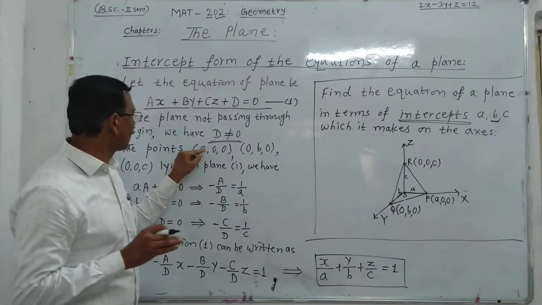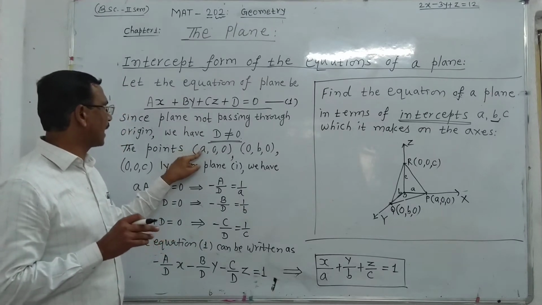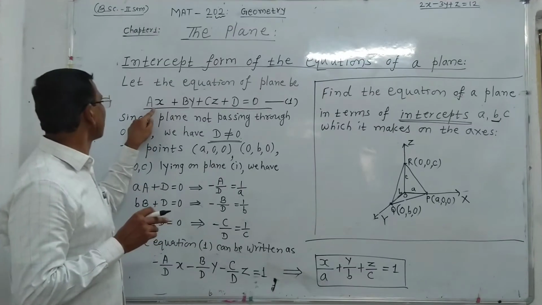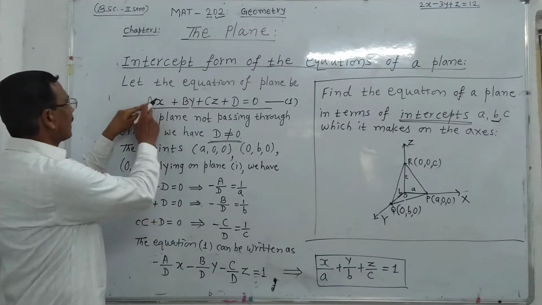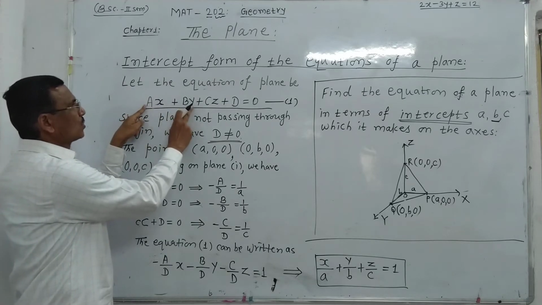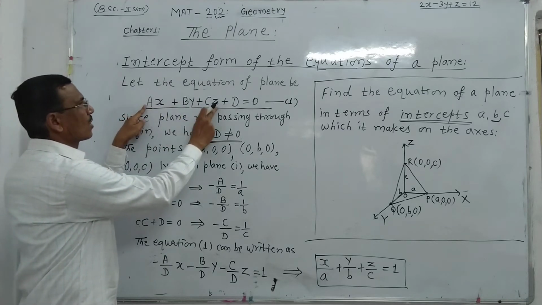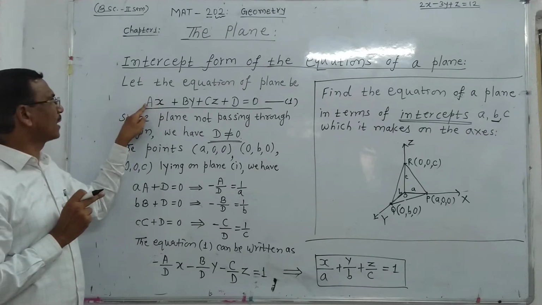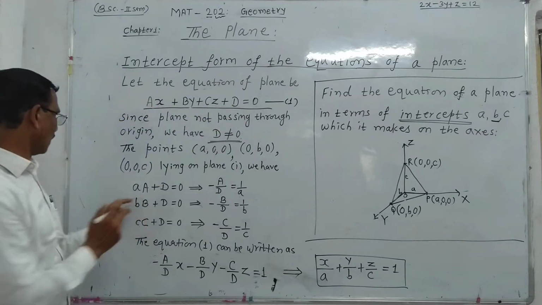Therefore putting x is a, y is 0 and z is 0 in equation 1, we get capital A into small a plus b into 0 plus c into 0, and this term becomes 0. That means we get small a into capital A plus d equal to 0. I have written here.